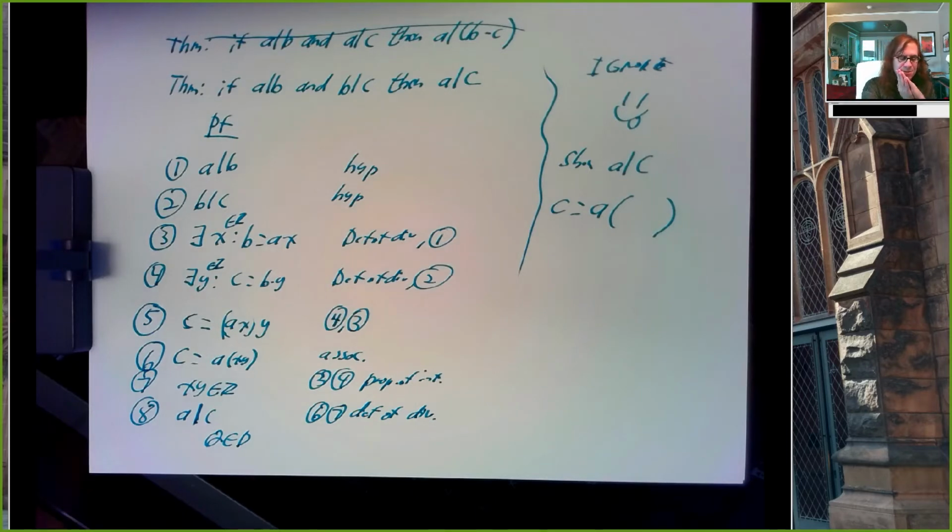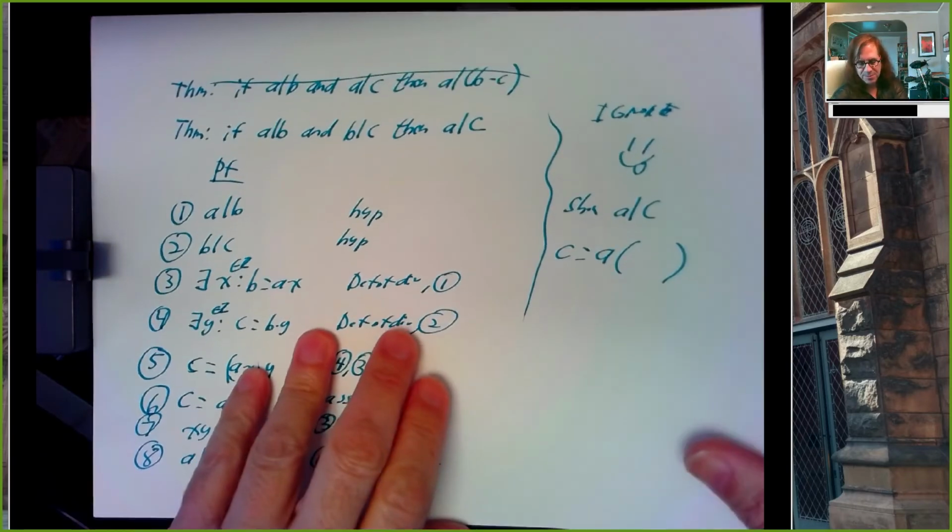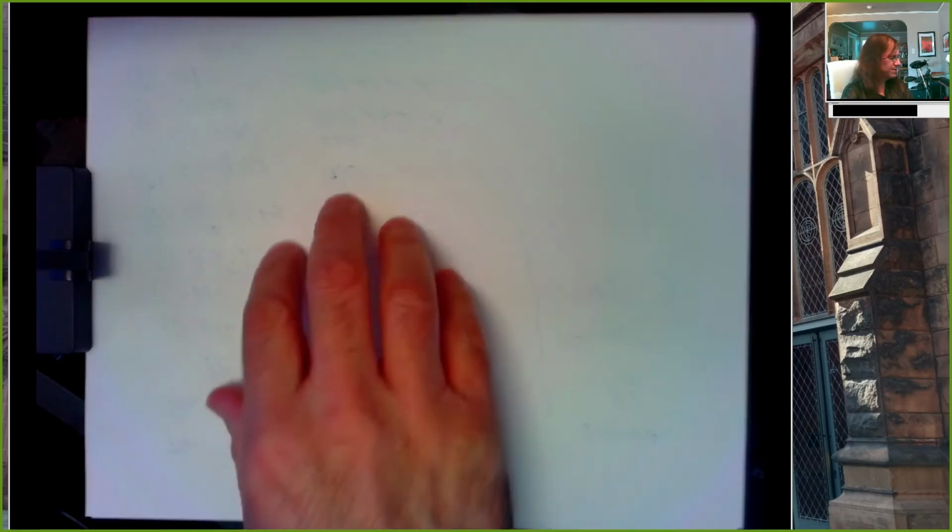Well, these aren't just random exercises. These are actually the foundational theorems for a sort of sub-branch of mathematics called modular arithmetic. And there's a number of versions of these theorems that we can do.